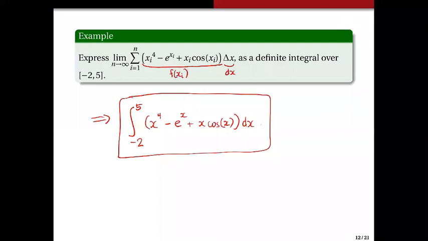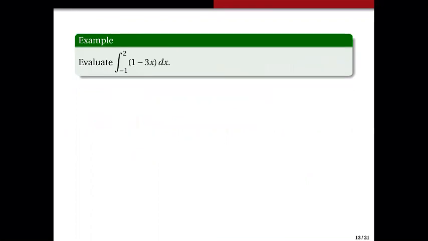Questions? Next problem: we want to evaluate the integral from -1 to 2 of 1 minus 3x dx. So we use the definition of the definite integral.